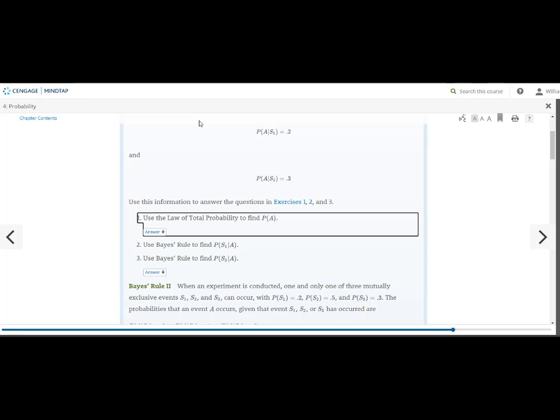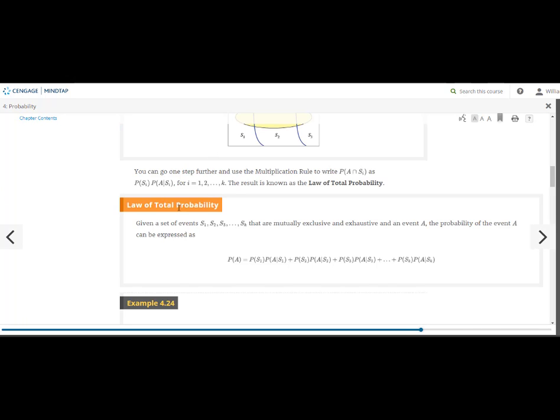So going back to that language of prior and posterior, this would be called a prior probability. It's not given anything. So if we want to find the probability of A, we can use the law of total probability.